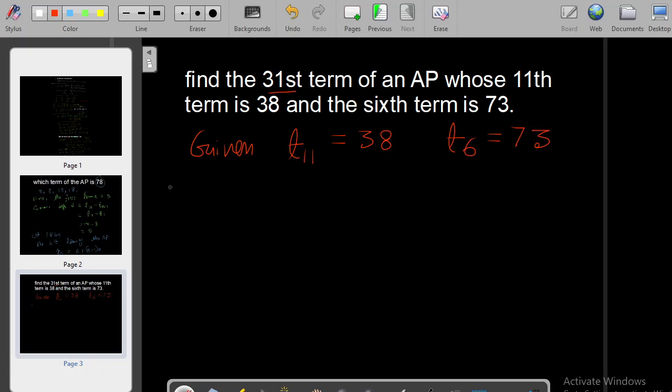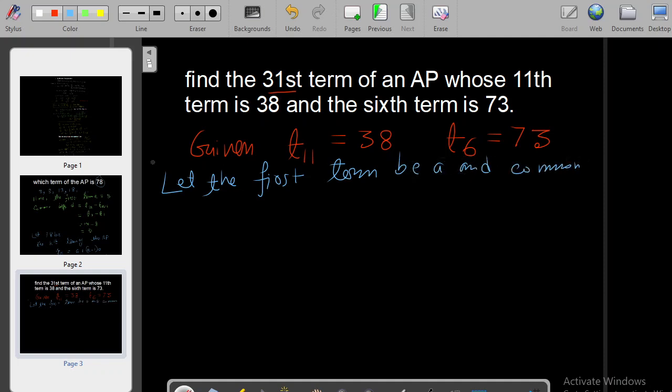Since we don't know the first term and the common difference, we assume them. Let the first term be A and the common difference be D. Then T11 is nothing but A plus 10D.